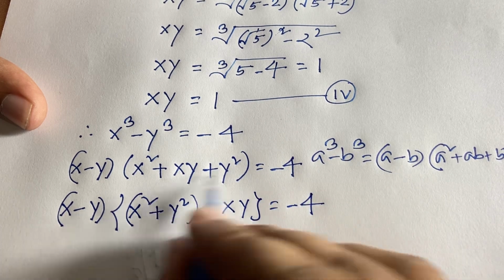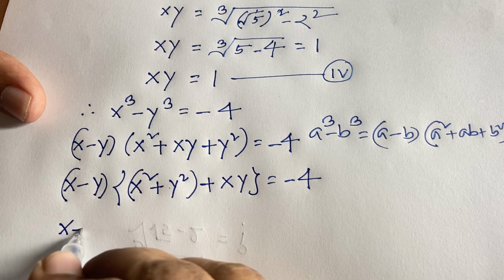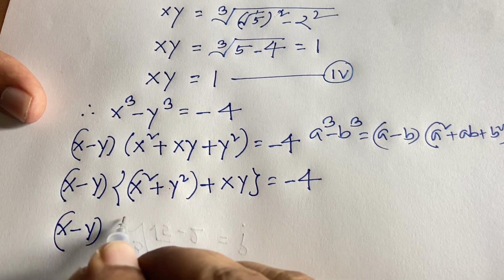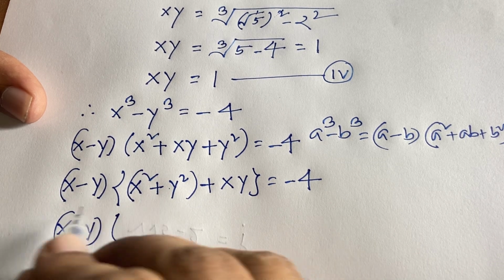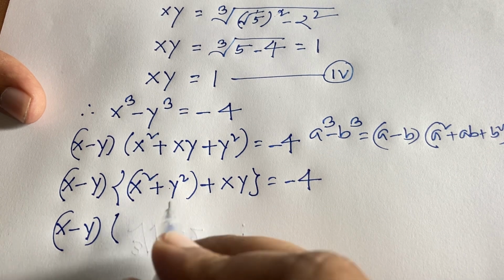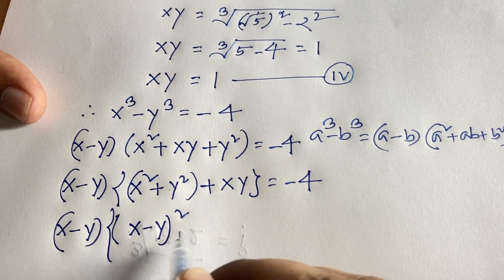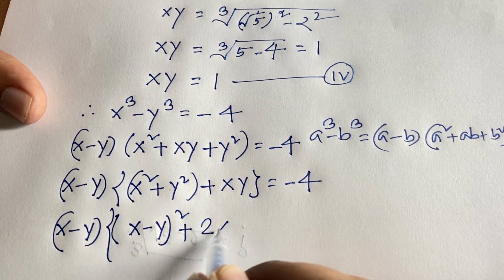I just move this y squared to this side. So it will be x minus y times, and we know that a squared plus b squared, according to this identity, is a minus b whole squared plus 2ab.